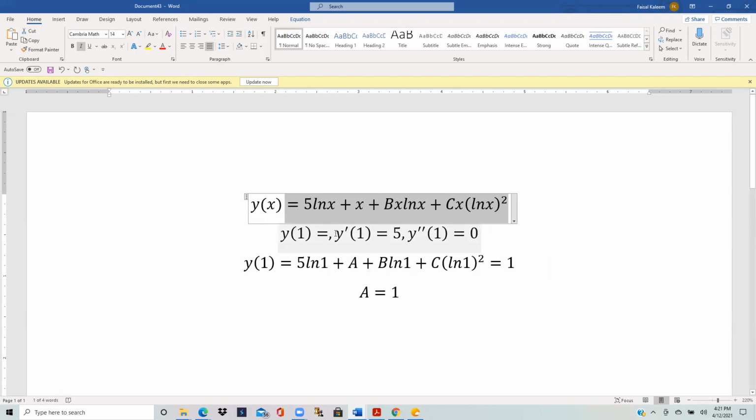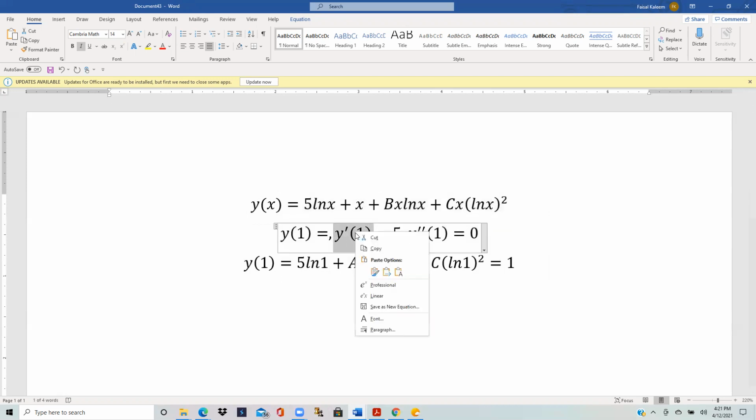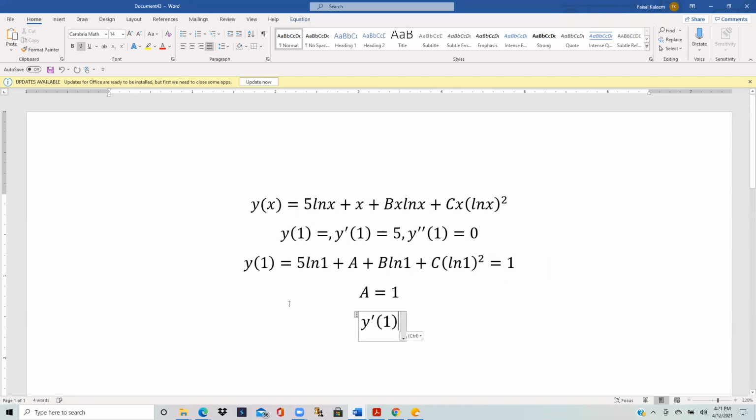So first derivative, y prime of x. So let's take the derivative. So derivative of 5 ln x, remember derivative of ln x is 1 over x, so it'd be 5 over x.